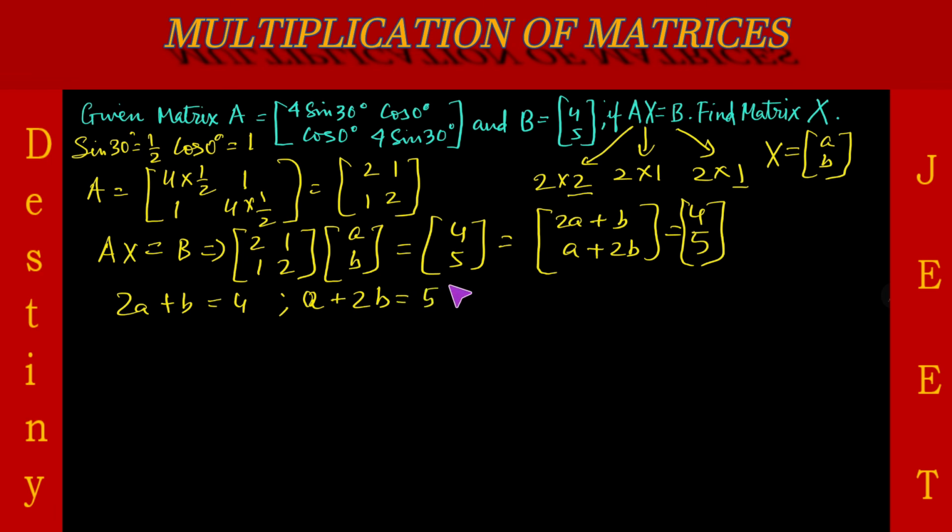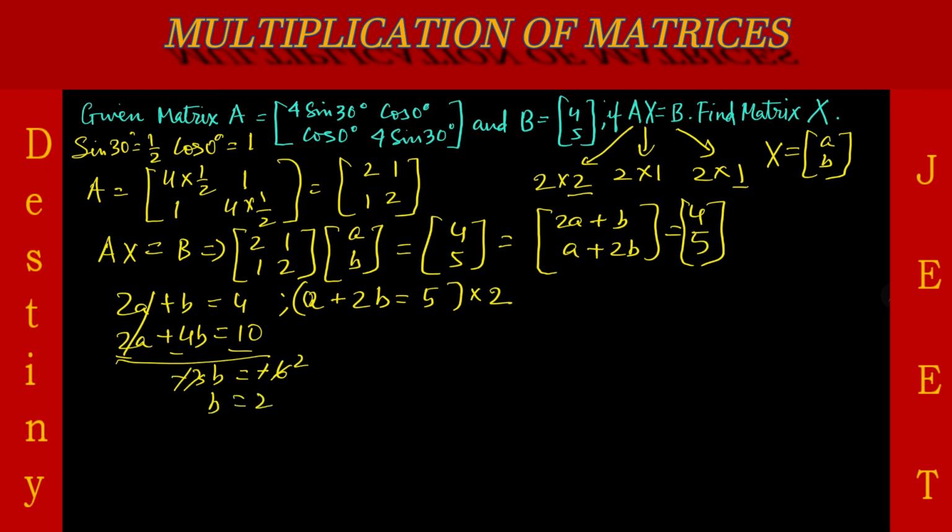We multiply the second equation by 2 and get 2a plus 4b is equal to 10 and subtract it from the first. Cancel this out, we get minus 3b is equal to minus 6. We get b as 2. We get the value of b as 2.